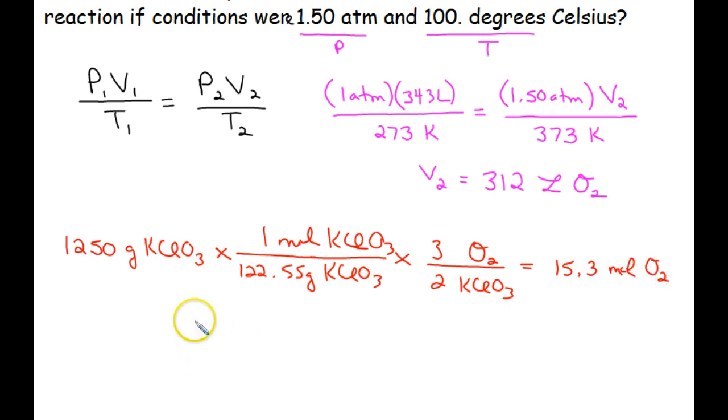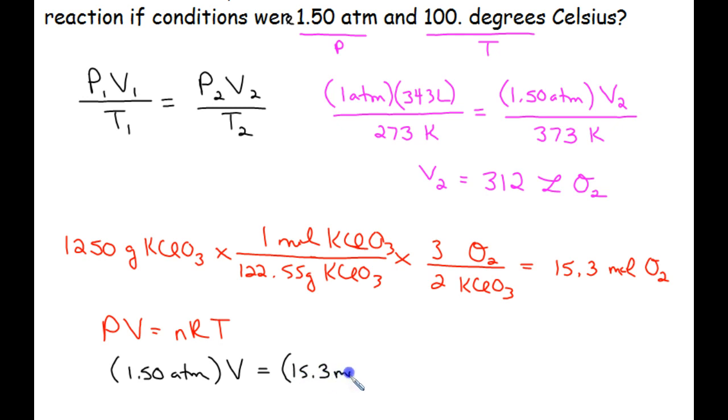Then you could have used PV = nRT, or the ideal gas equation, and plugged in 1.50 atmosphere, volume, 15.3 moles, and because this is in atmospheres, we would need to use 0.0821 liter atmosphere per mole Kelvin, and then 373 Kelvin.